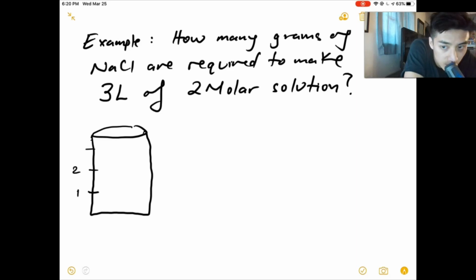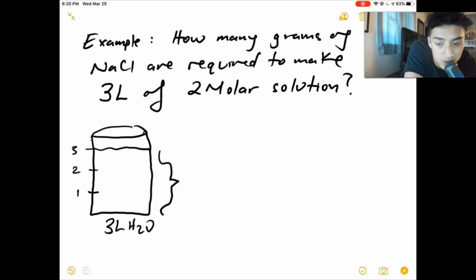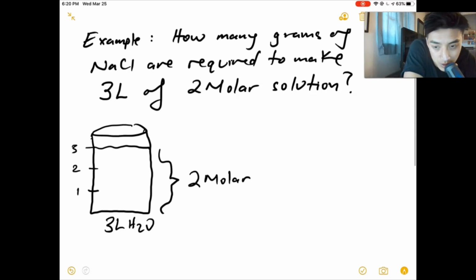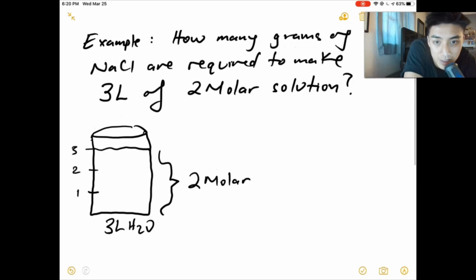So I have a beaker of water, and I'm going to fill it up with 3 liters of water because that's what they tell us. So I know that we're using 3 liters of solvent. Water typically is a solvent. And I want to make a 2 molar solution. Basically they want to know how much salt I have to put into the water so that it becomes a 2 molar solution. And there's a way to find out.